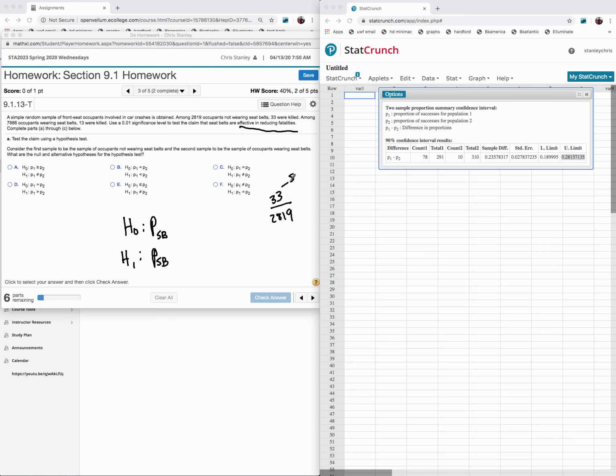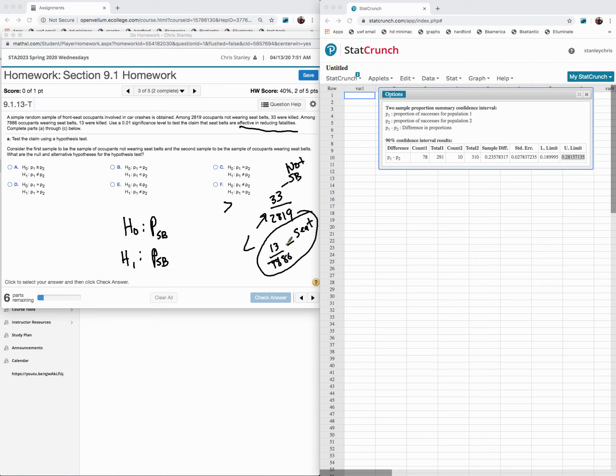These people were not wearing seatbelts. And then we have 13 out of 7,886, who were wearing seatbelts. So they want this number to be less than this number, or the not wearing seatbelts would be greater than the people who were wearing seatbelts.